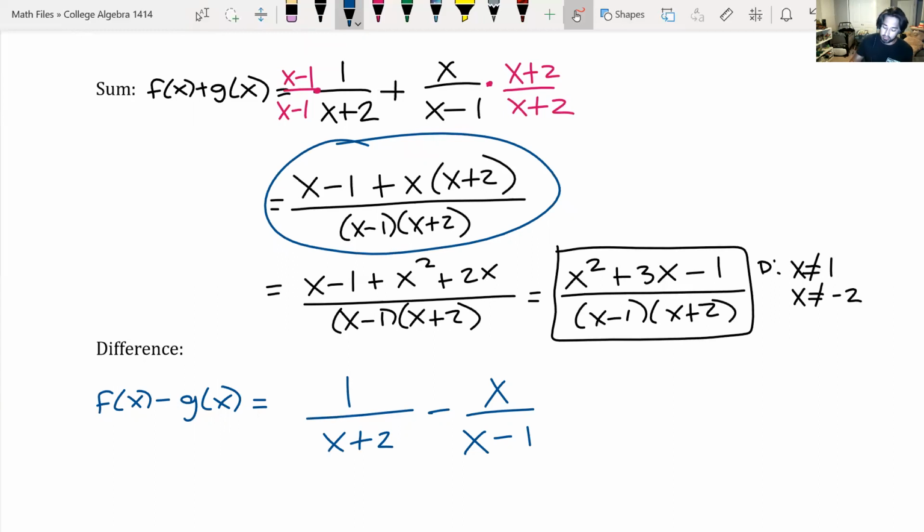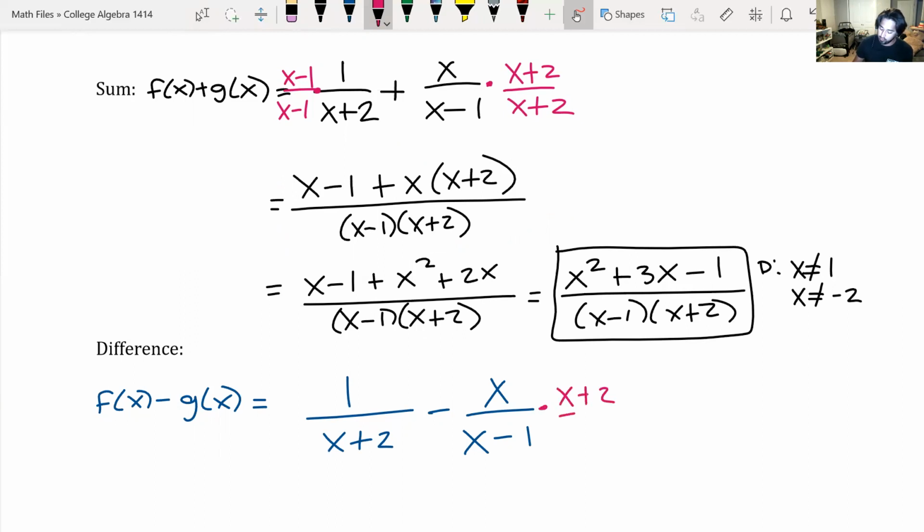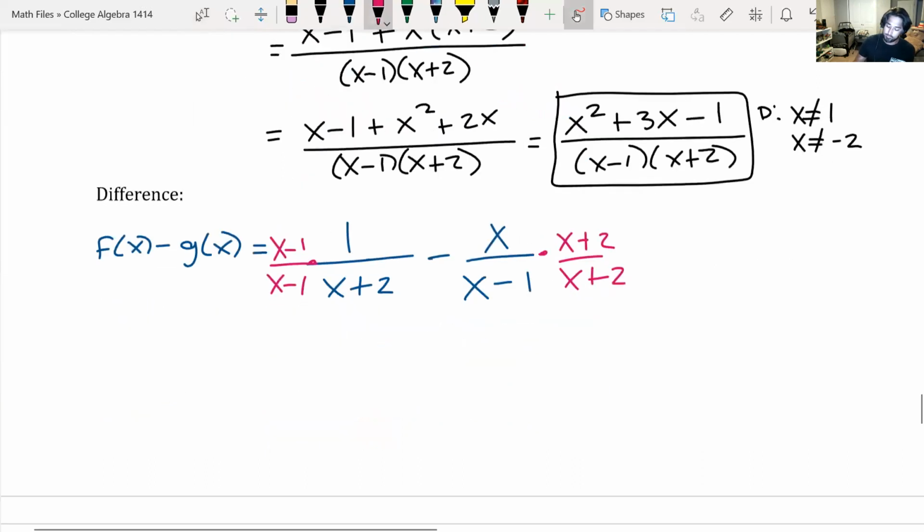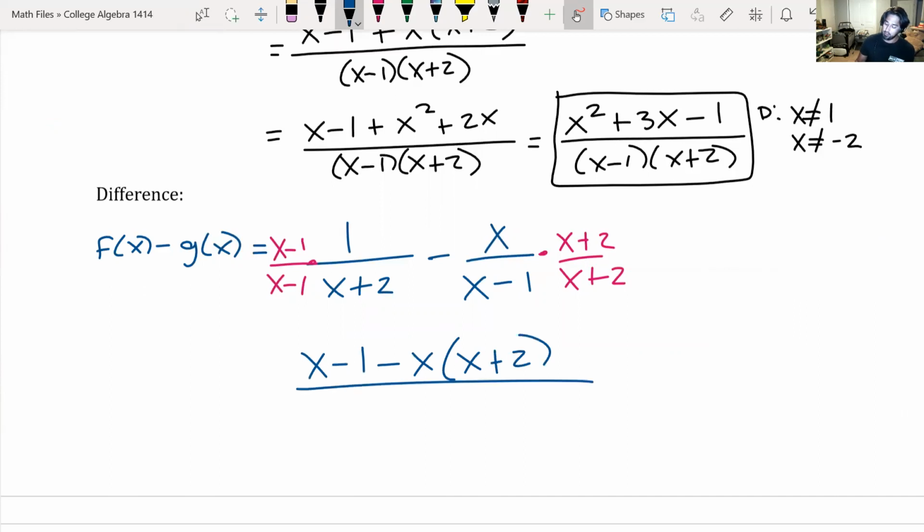So all you have to do is change this plus sign to a minus. But again, I could write it in times x plus 2 over x plus 2, x minus 1 over x minus 1. And we have x minus 1 minus x times x plus 2 over the same denominator of x minus 1 times x plus 2.